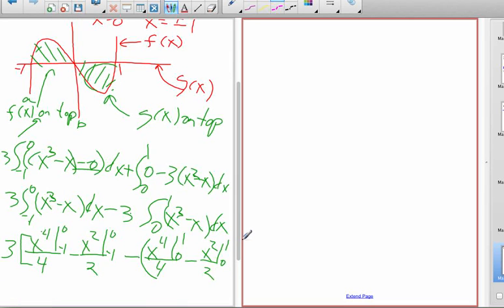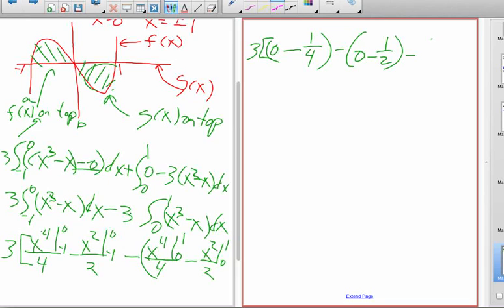Okay, so now we've got all of this stuff. So I'm going to plug my numbers in. So when I plug 0 in here, I'm going to have 3 times 0 minus, and then I plug a -1 to the 4th is 1, it's going to be minus 1/4, minus, and I'm going to do the same thing here, 0 squared, that's 0 minus 1/2, and that gets me the first part.